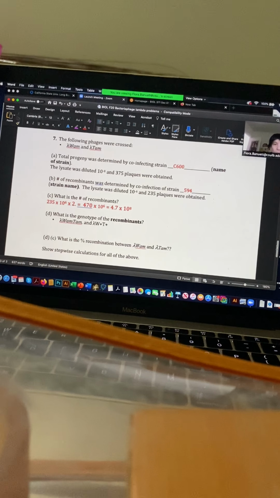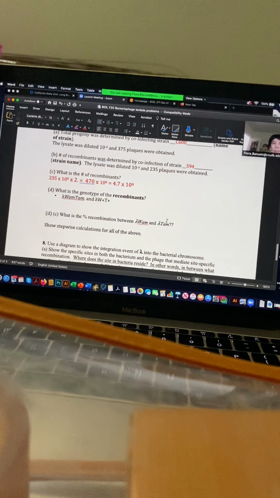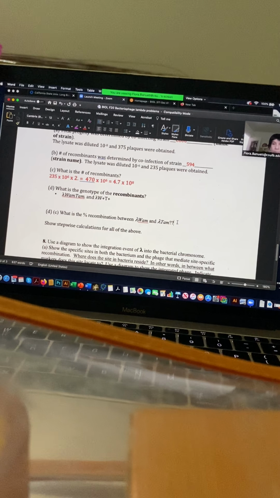Okay. So what is the percent recombination between these two?